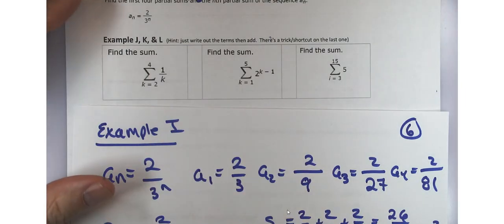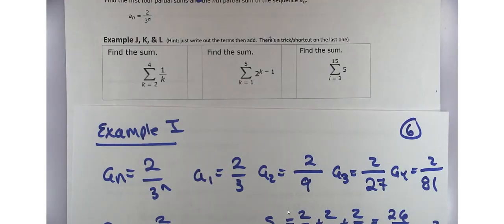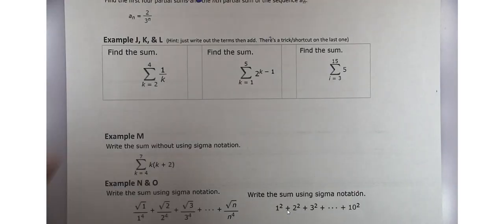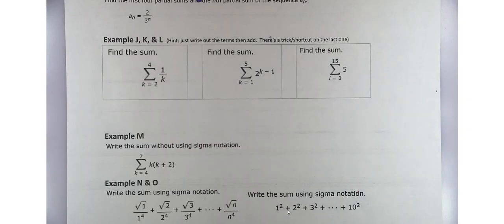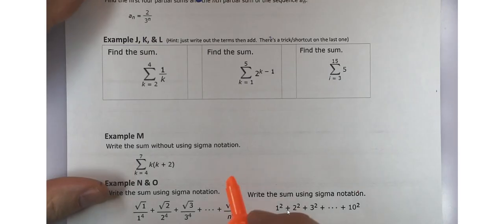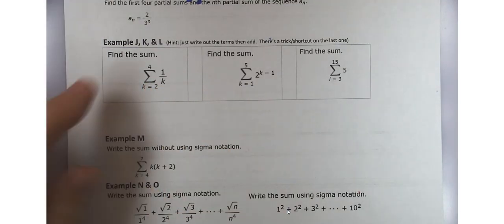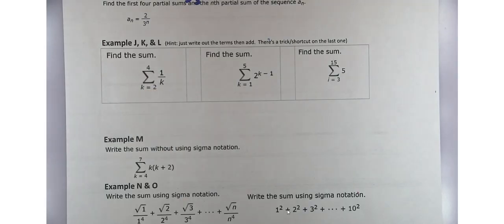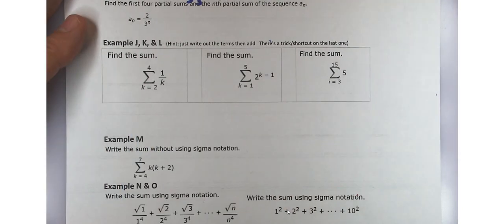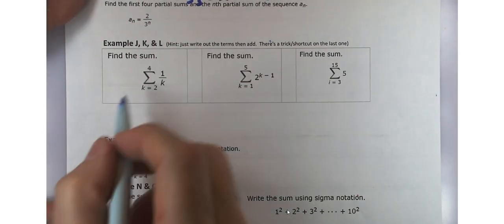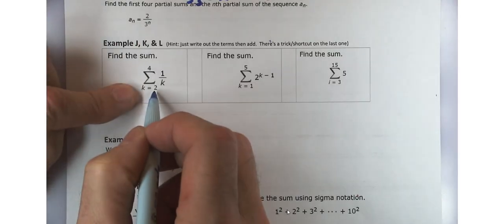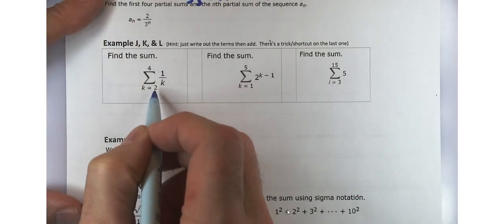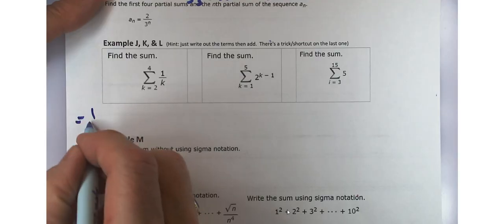In any case, this is some nice notation. If you're familiar with programming, it's kind of like a for loop or a while loop or a do loop in lots of different languages. So we're going to try and find the sum. Now you might see it says find the sum, or I might write expand the sum. But let me write out these first couple here. So you're starting with this index down here at k equals 2. So that sum is going to be 1/2.